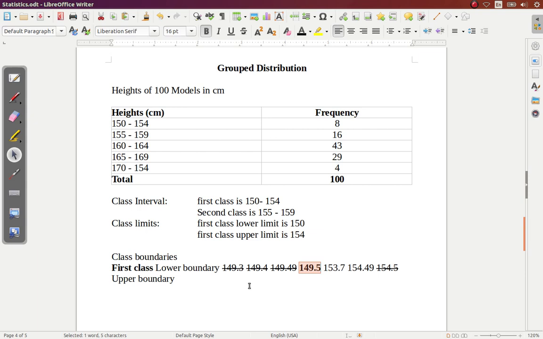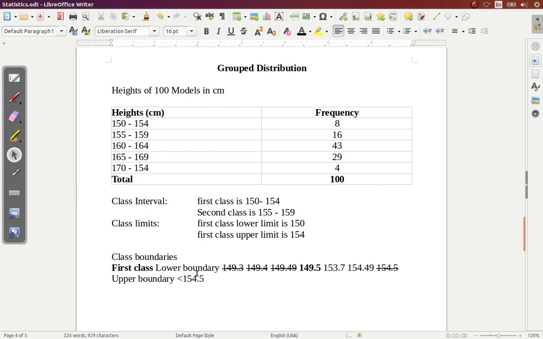But let's just say that if you should measure as tall as 154.5 but just miss the 154.5, the upper boundary is anything less than 154.5, any measurement less than 154.5. Because remember, once it touches 154.5, you round it up to 155 and it goes in the second class.